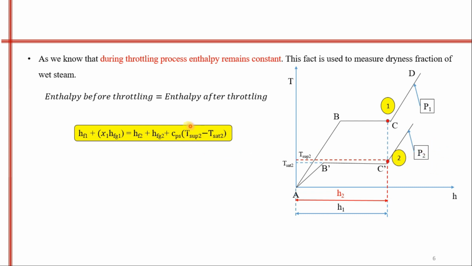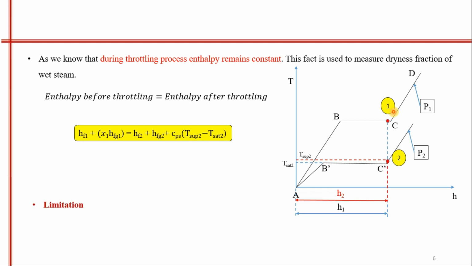T superheated is measured by the thermometer and Cps is a known constant value. So the only unknown left is x1. From this expression we can find the dryness fraction of the steam at point number 1, the sample we have collected from the sampling tube or main steam pipe.